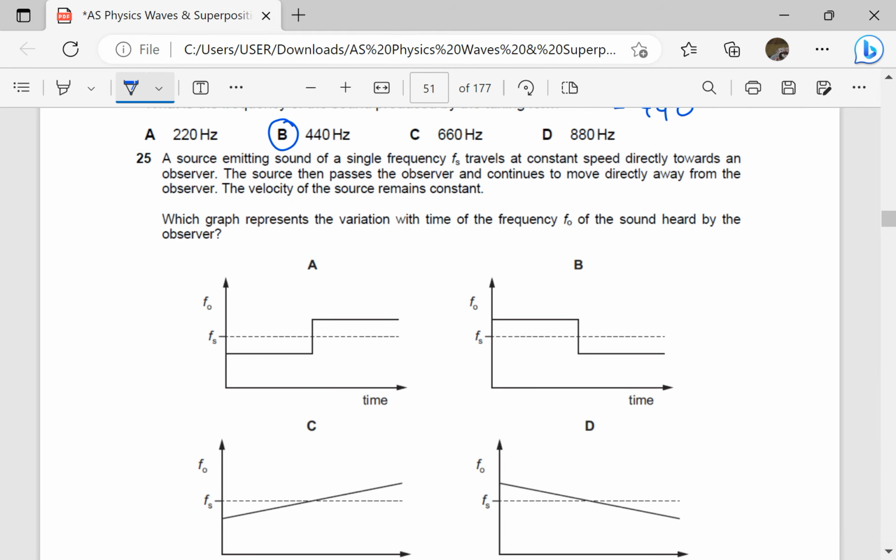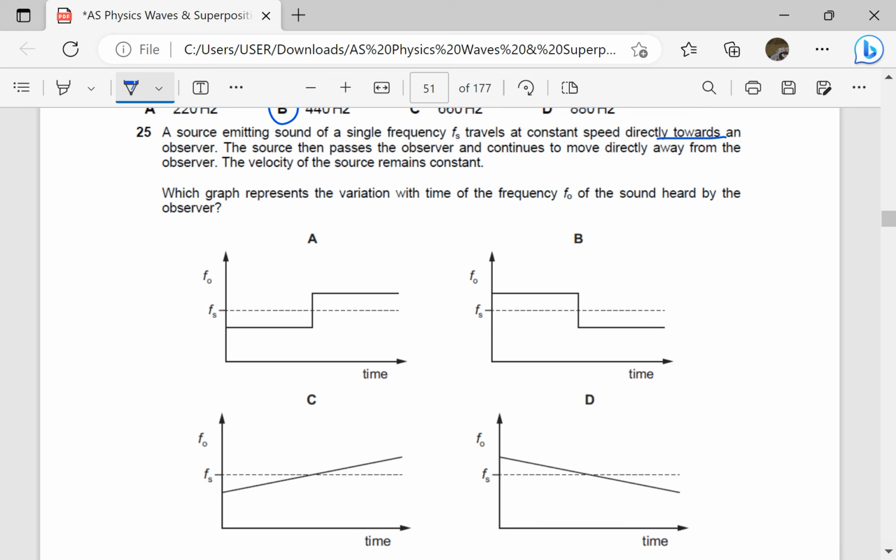A source emitting sound of a single frequency Fs travels at constant speed directed towards the observer. The source then passes the observer and continues to move directly away. It first moves towards and then it moves away. The velocity of the source remains constant.